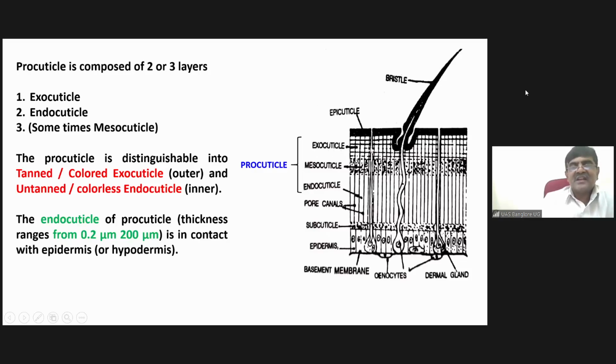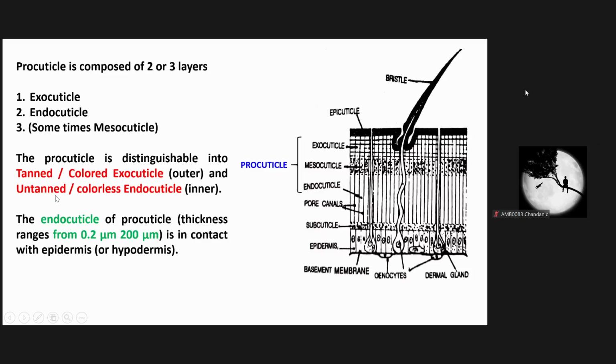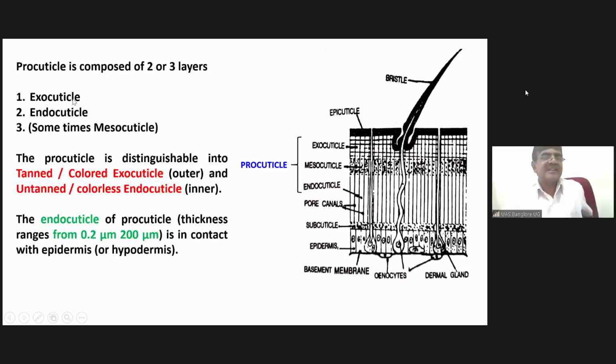So if you take this exocuticle, it appears as a colored or tanned exocuticle. But when you come to this endocuticle, it is colorless or untanned. So exocuticle is a tanned layer, endocuticle is an untanned layer.